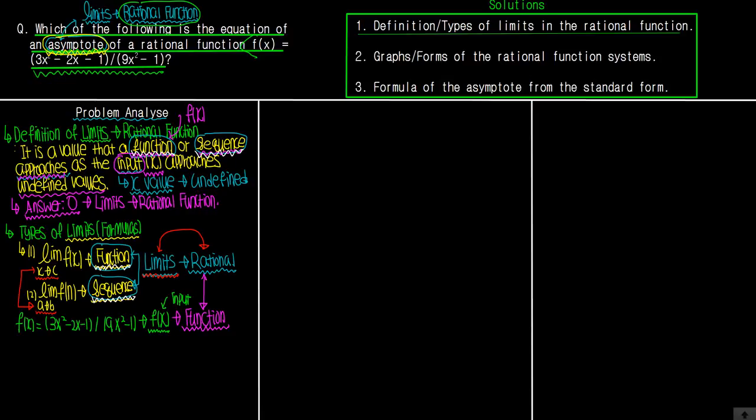Now, we're thinking about the function system, which is the limit when x approaches the c value of f of x is equal to some specific value. We'll just call it b. But right now, there are also two types in our function limit systems.